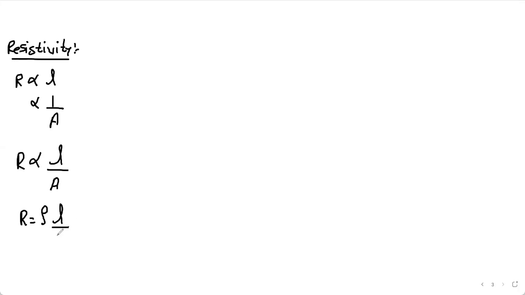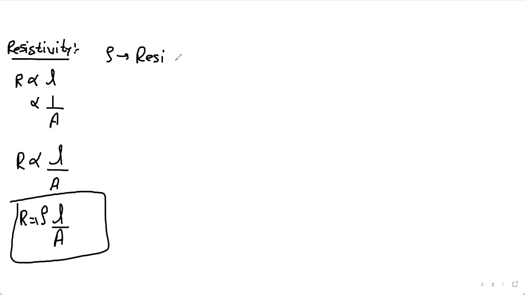It's R equals rho L by A. This rho is known as resistivity. So I can write resistivity as R A by L. I just cross multiplied here.